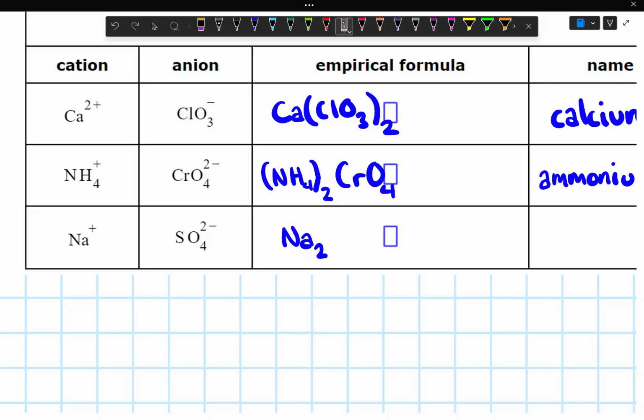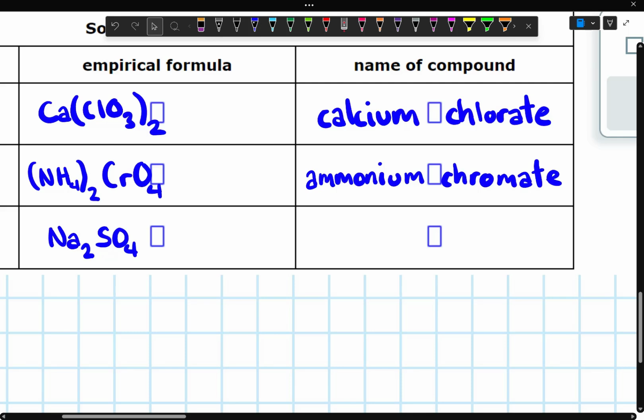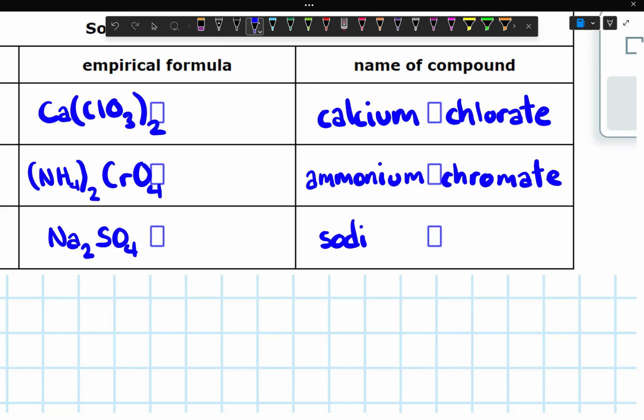It's not multiple. So we don't need parentheses for this one. And then SO4. So this is sulfate, this is sodium. And so because sodium only has 1 possible charge, we don't write a Roman numeral. So this is just sodium sulfate.